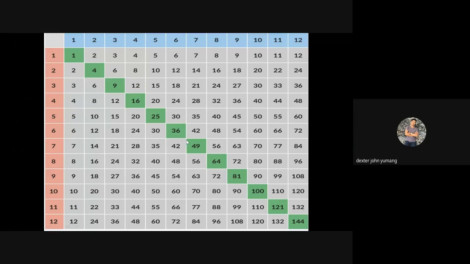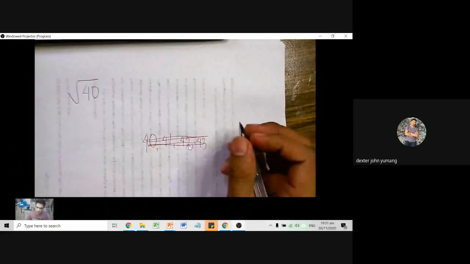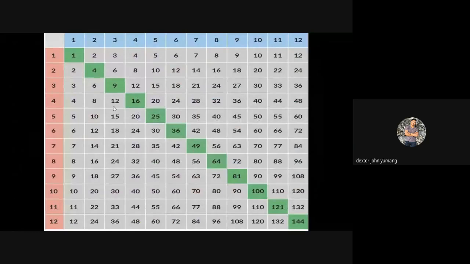So, ano yung between ng 40? 36 at saka 49. So, isulat nyo na lang diretso kung ayaw nyo maglista. Ganun lang po. We have 49 at saka 36. Tama ba? 49 and 36. Di ba yung 40 na sa gitna ng 36 at saka 49?